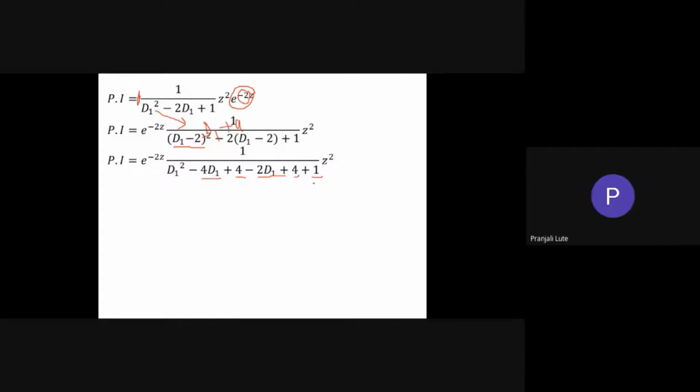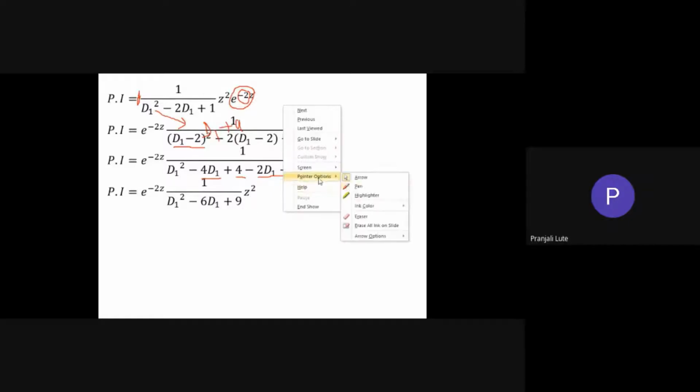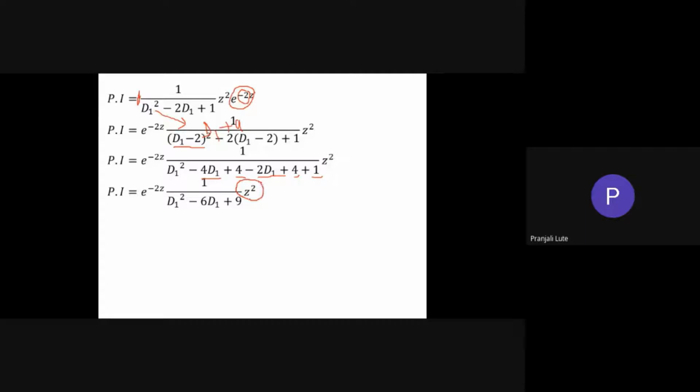Then here the fourth case is converted into the third case, that is x raised to power m, where in place of x here is the variable z to the power m. So how to apply this case? This is case number 3. In this case, we have to take the lowest degree term. Which one is the lowest degree term in the denominator? 9 is the lowest degree term.